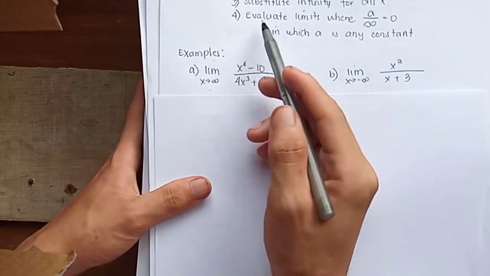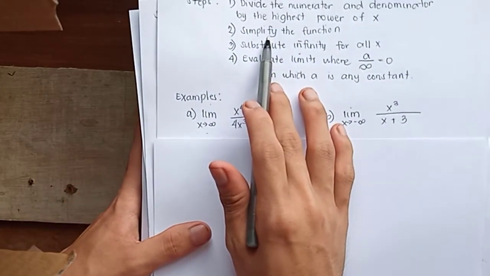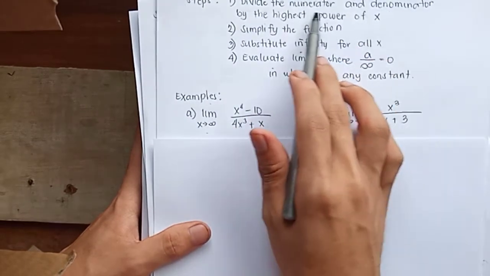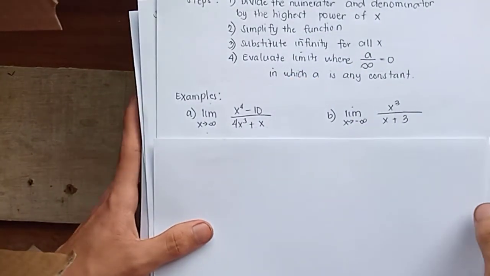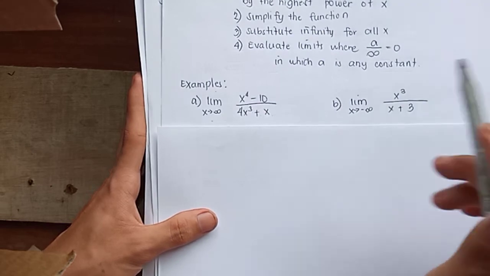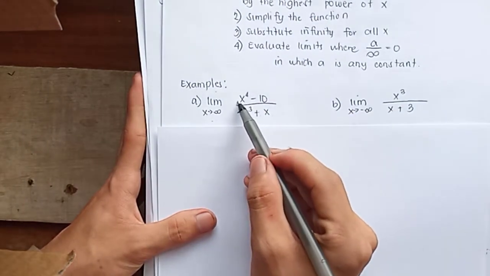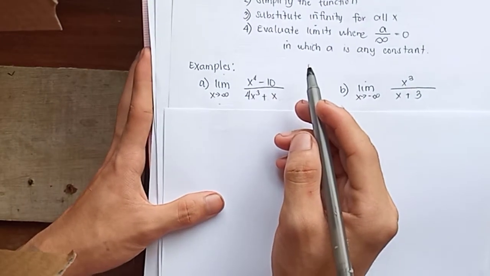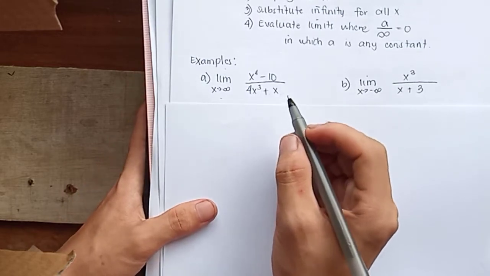By that, doing the first step, we need to divide the numerator and denominator by the highest power of x. Determining the highest power of x, I have x to the fourth. So, I'm going to divide all terms by x to the fourth.